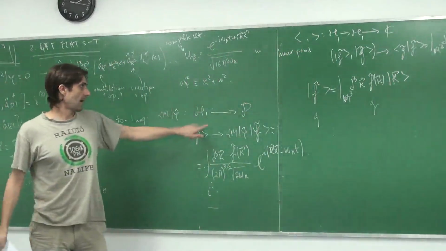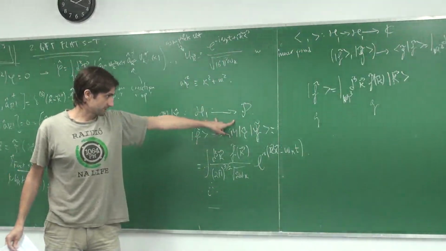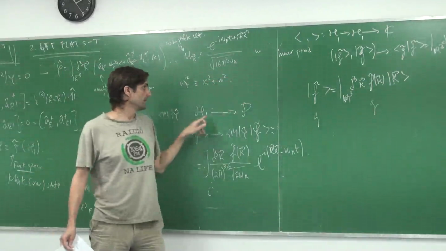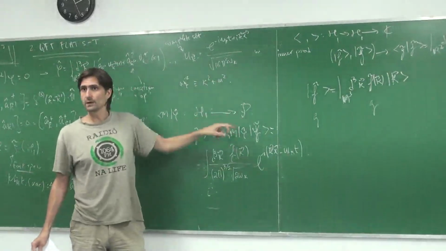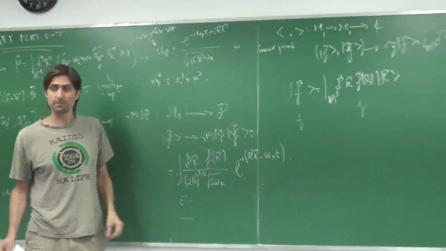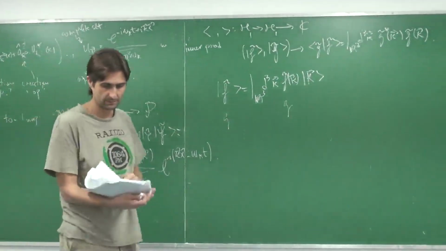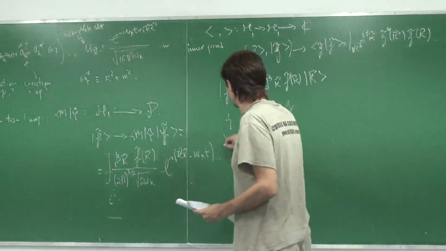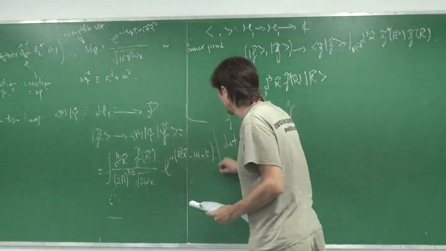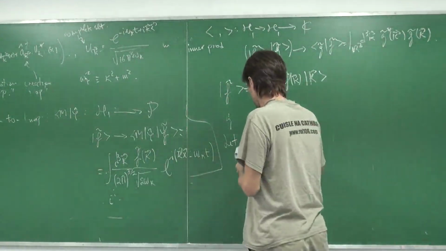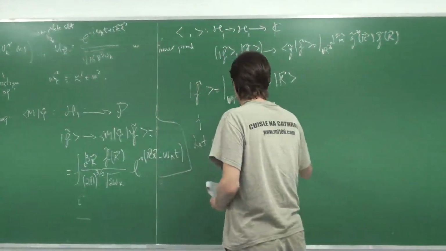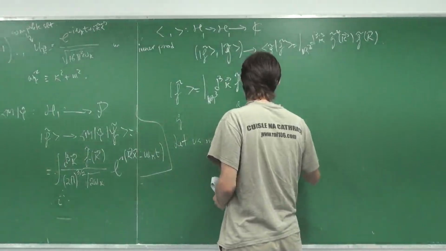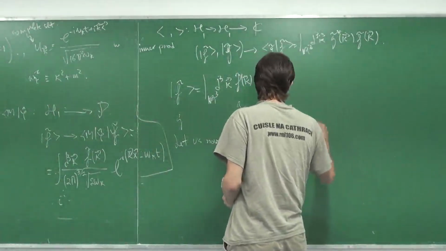And then I'm going to establish a relationship, in fact equality, between the inner product in this space and one in the space of positive frequency solutions. So that's what we'll do next. So let us now look for an inner product in P.